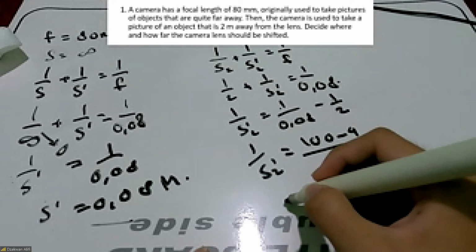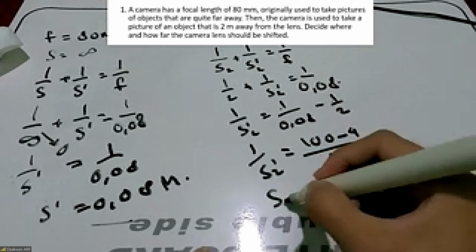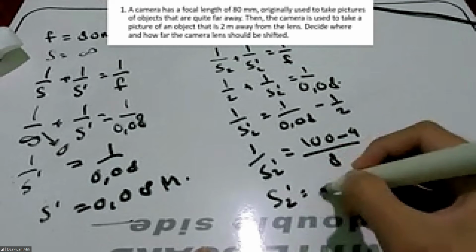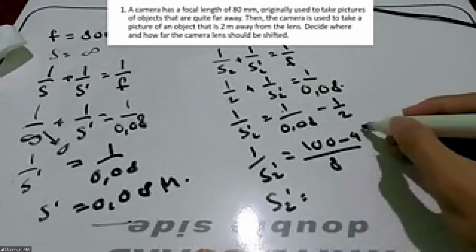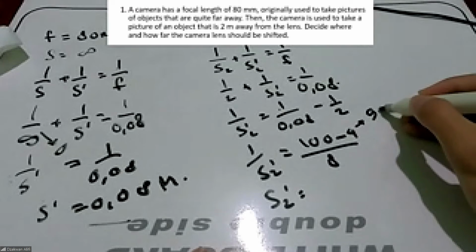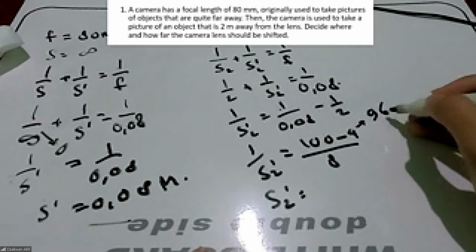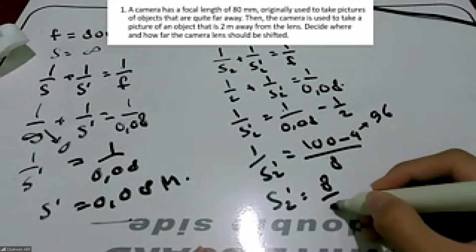If we count this, it will become 1 per s2 accent. This is 96.